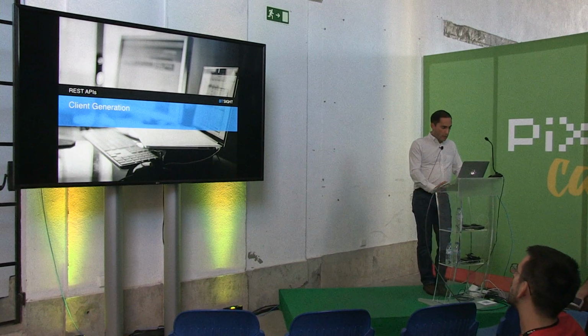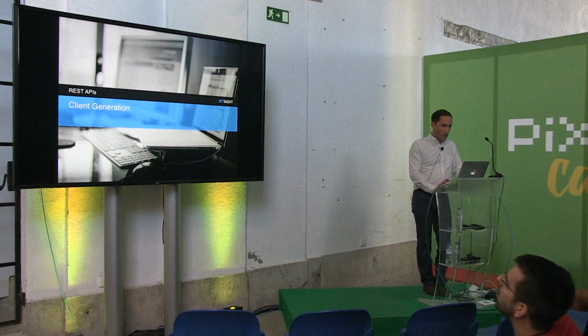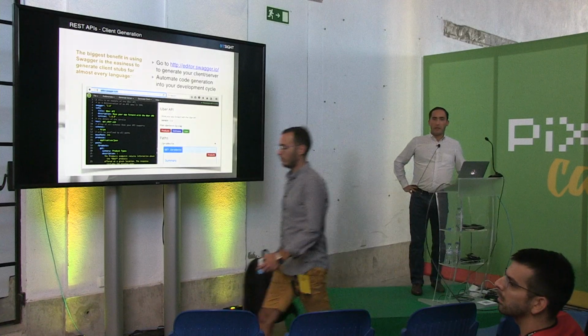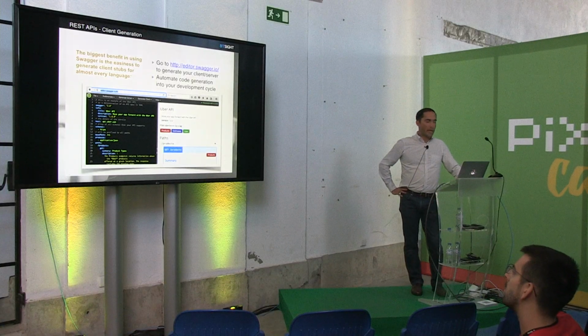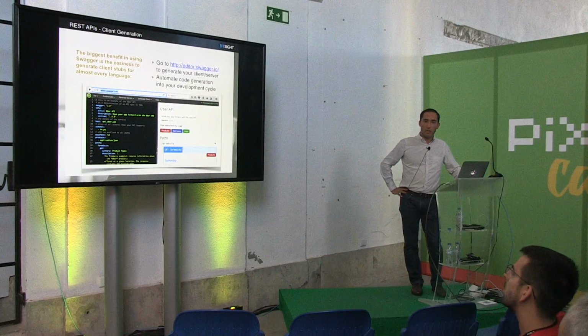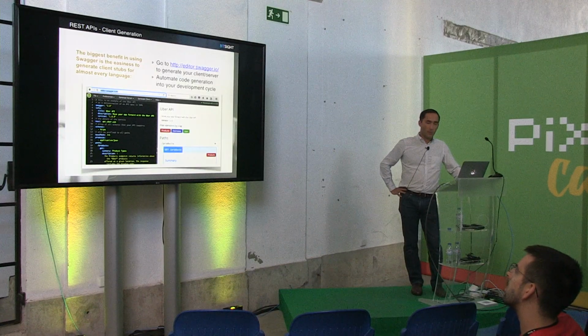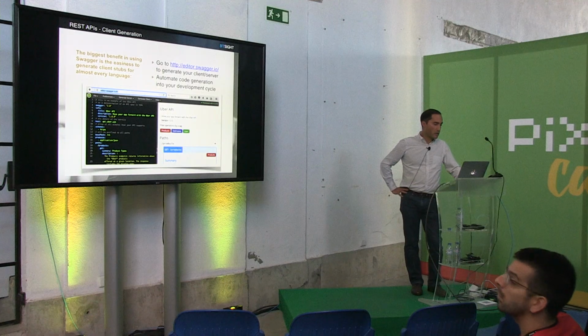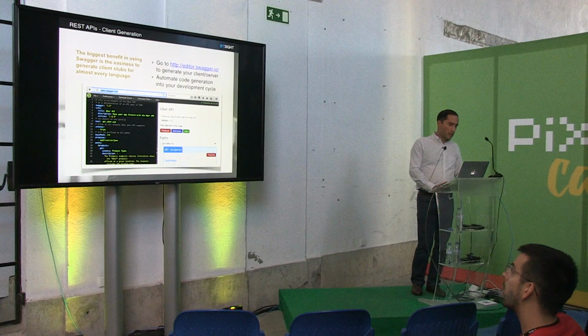So, client generation. One of the biggest advantages of using Swagger is the Swagger editor. The Swagger editor is online, it's a web page, but you can hook it to your Maven or your code generation. So you can generate stubs based on your Swagger file in basically every existing language.